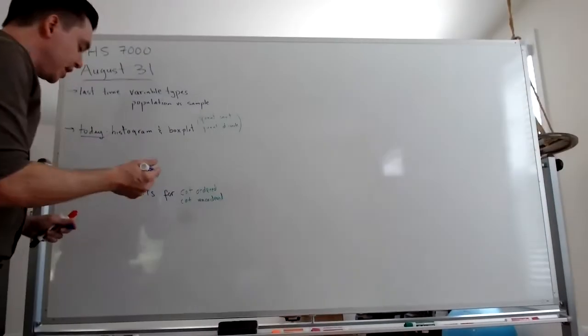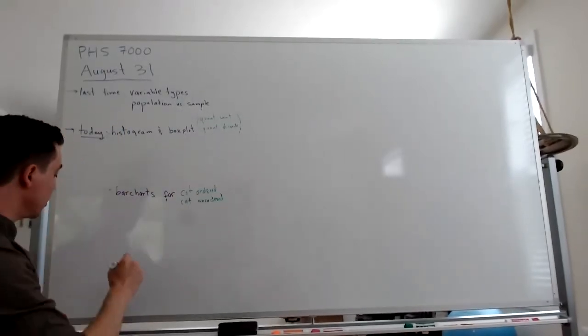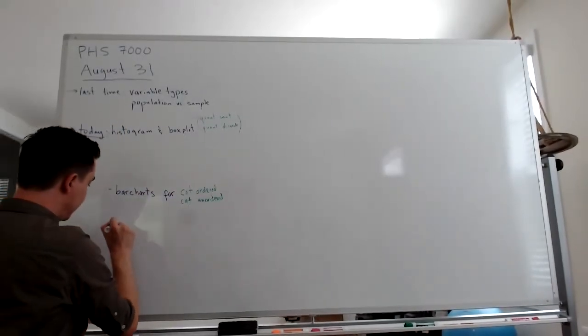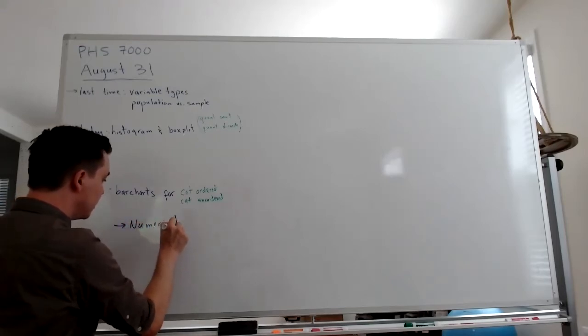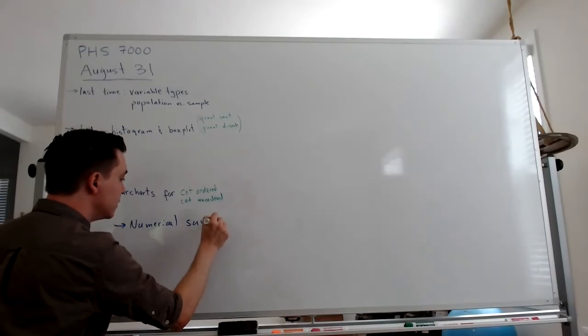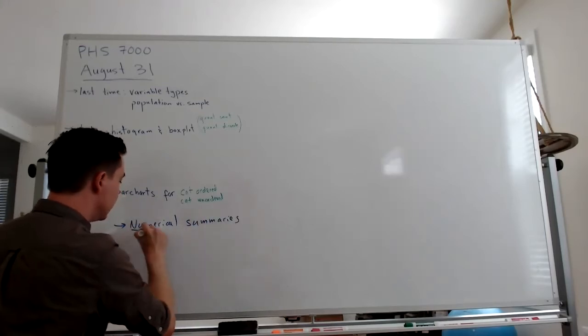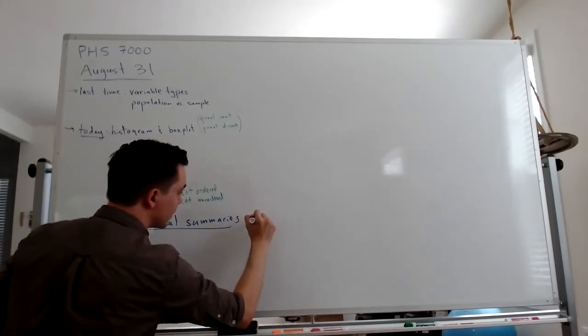When it comes to categorical ordered and categorical unordered data, the numerical summaries are relative frequencies.